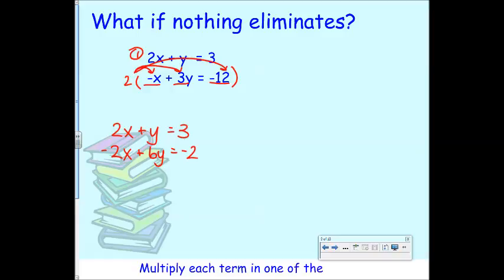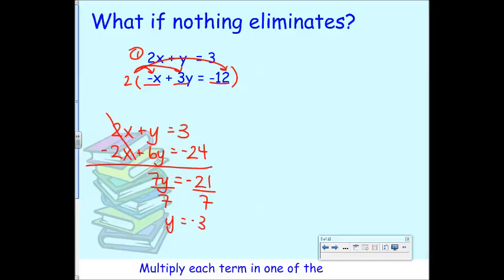And now I can eliminate, because what happens with my x's? They cancel out. And then what do I have left? Y plus 6y is 7y. And what's 3 minus 24? Negative 21. How do I finish? Divide by 7, and y equals what? Negative 3. Good. Okay, and then to finish that off, I just go back and plug it in.